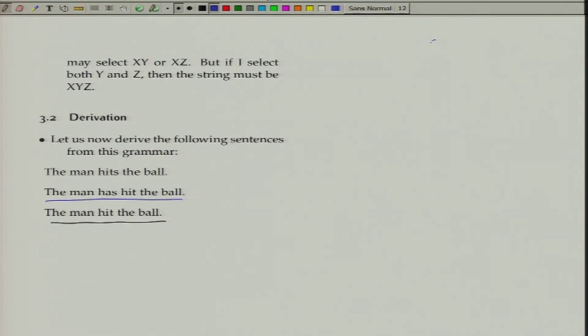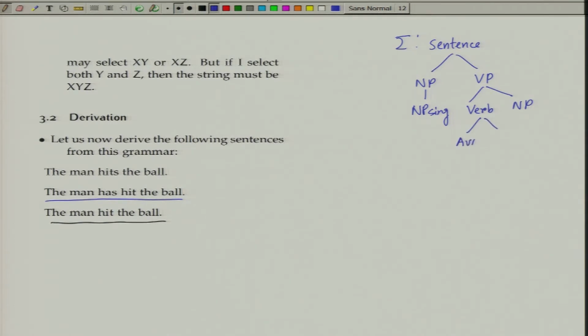So here once again sentence, which is our base step, sigma, and sentence goes to NP VP, and in this case also the NP is a singular NP, NP sing, and VP goes to, I think, verb plus NP, and verb goes to aux and V, and NP once again goes to NP singular, because we want the ball.